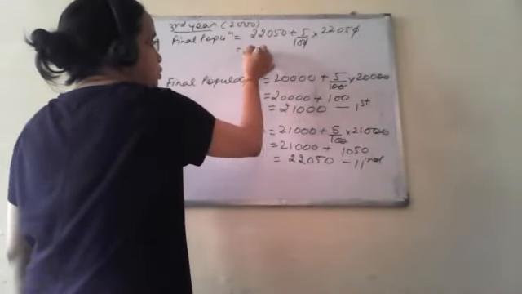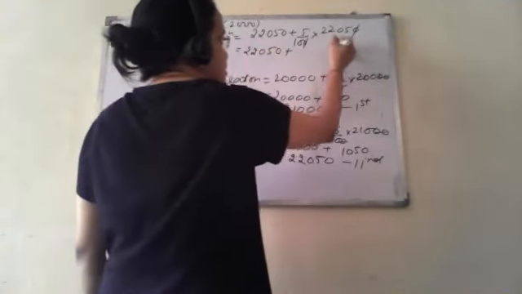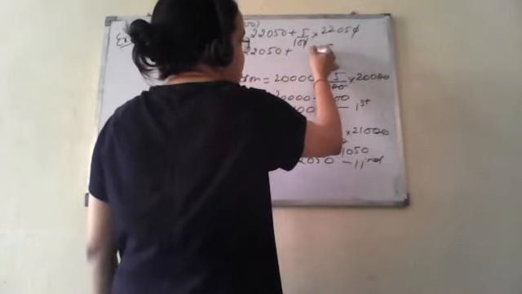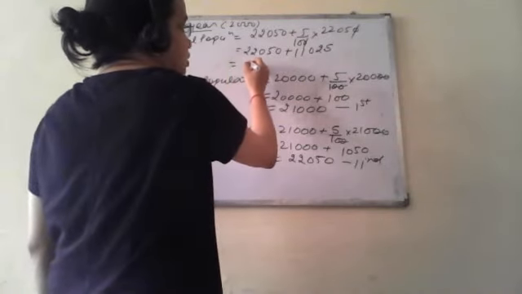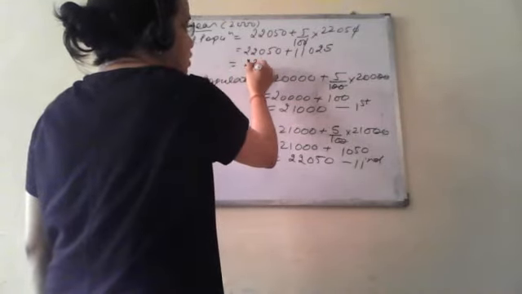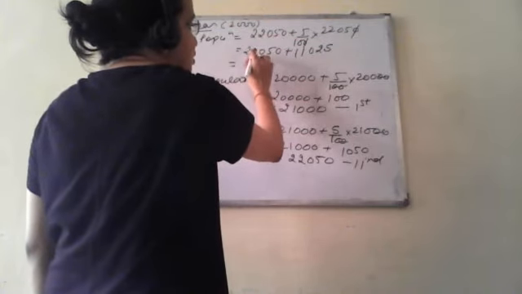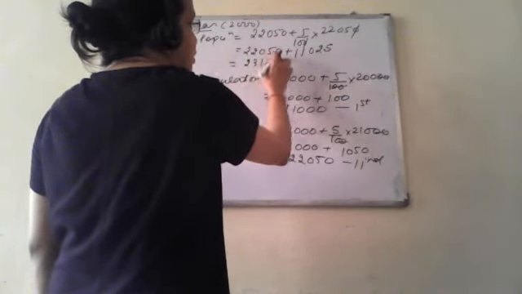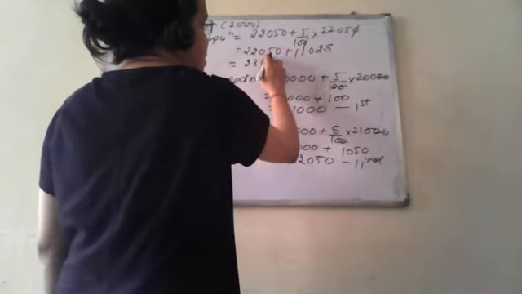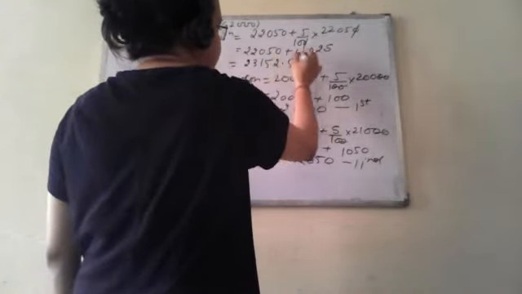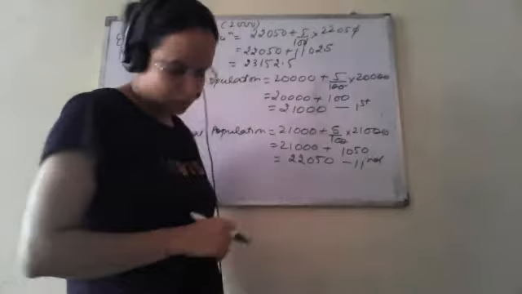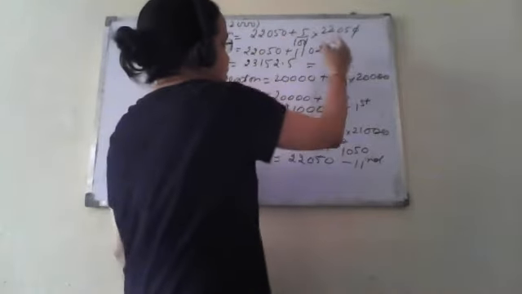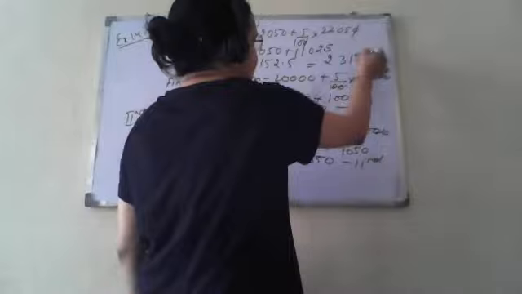So this will be 22,050 plus this, so this will be 23,152.5. Okay, so for the estimated population we can take the rounded value, it will be 23,153. So this will be the population at the end of 3 years.